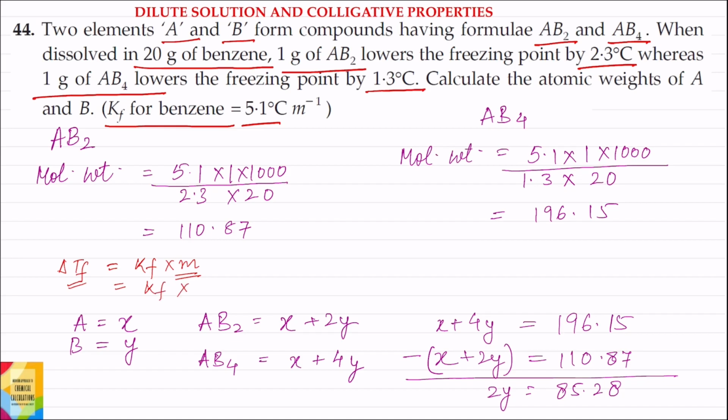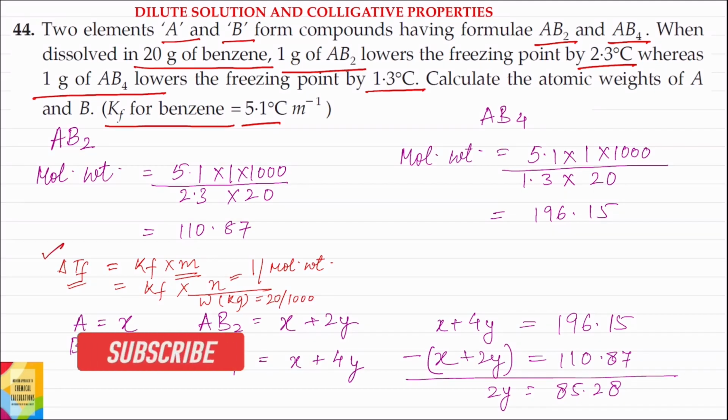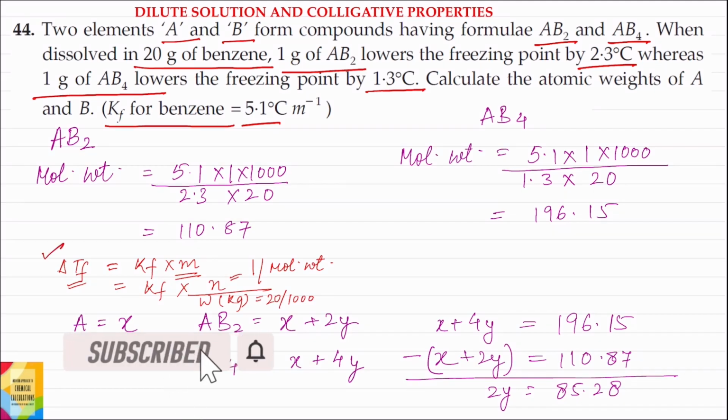Molality will be moles of solute divided by weight of solvent in kg, and moles of solute will be weight of solute, that is 1 gram, divided by molecular weight of solute, which is not given, we have to find out, and weight of solvent is given in grams, so 20 divided by 1000 kgs.